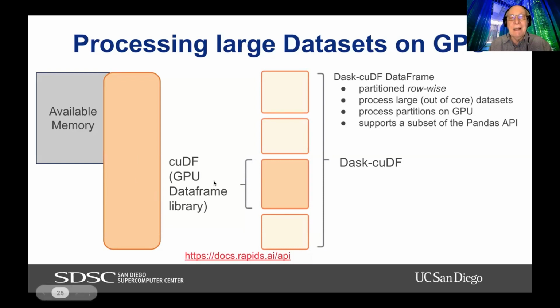Again, this is where Dask comes to the rescue. There's also Dask cuDF, which again splits up the data frame in multiple partitions, where each partition is again a CUDA data frame, so you can run out of core data sets, but now those partitions are run on GPU rather than CPU. And again, Dask cuDF only supports a subset of the pandas API, but most of the functionality is there.